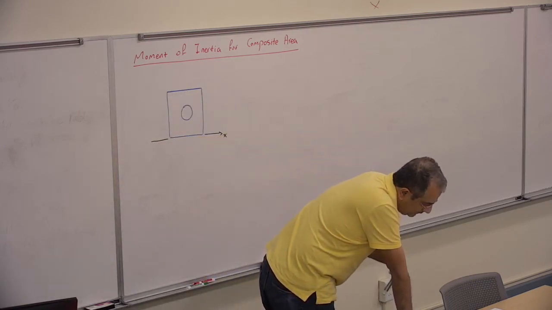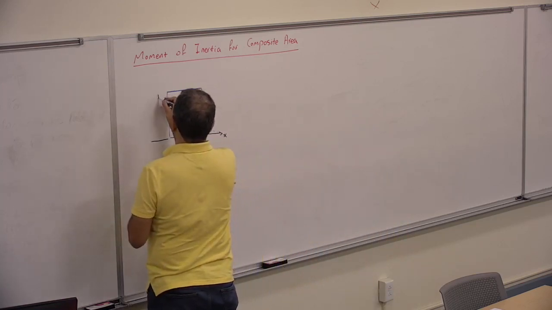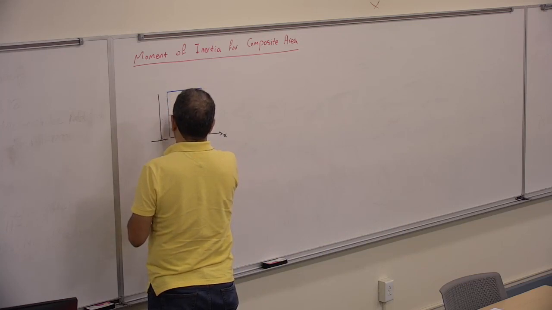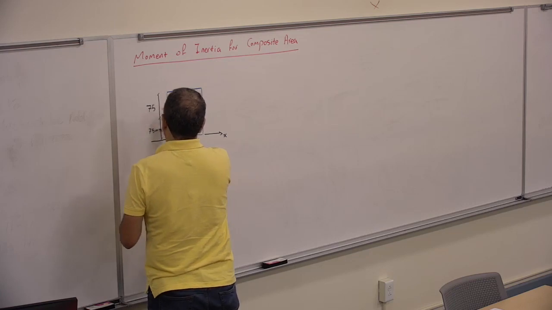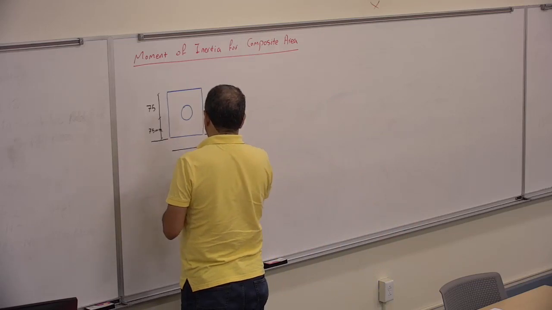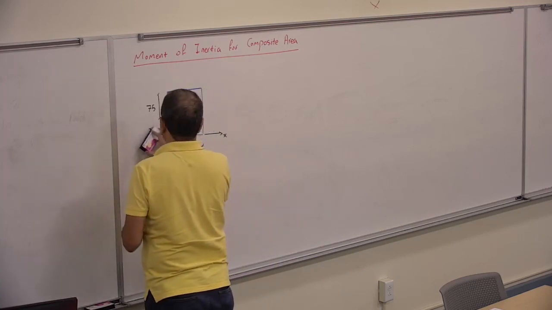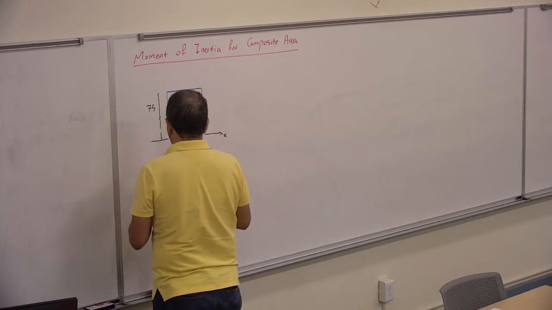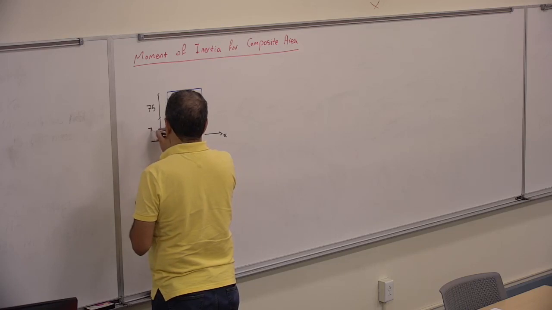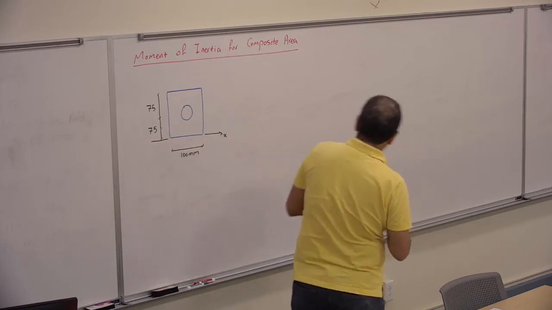What is the x-axis? So it's going to be simple. The radius is 5.